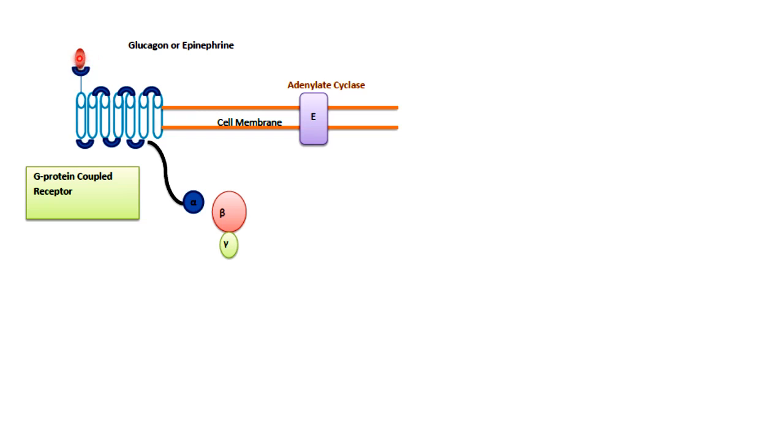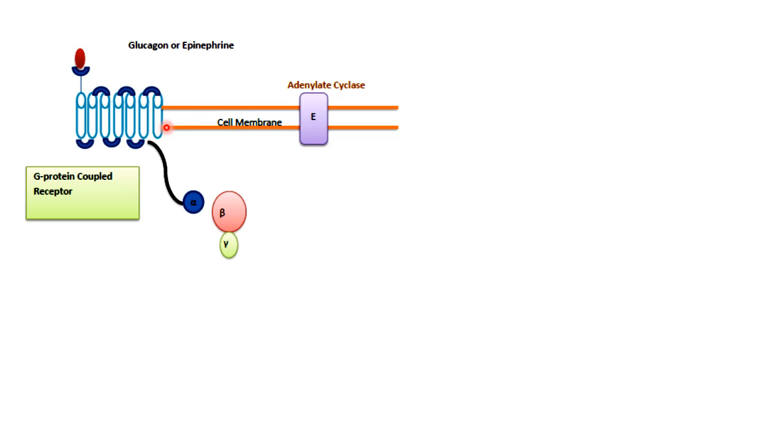Or the epinephrine will bind, and here there will be disintegration of the alpha subunit from the beta gamma subunit. G protein is a trimeric protein. So this will lead to the activation of the G protein coupled receptors, and what will happen?